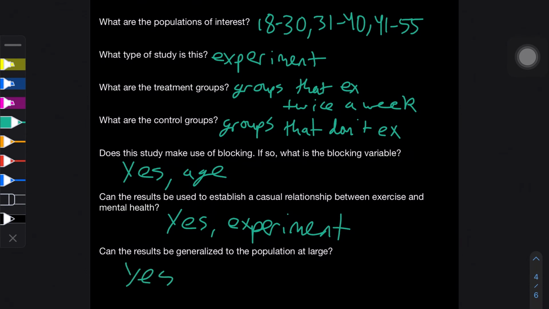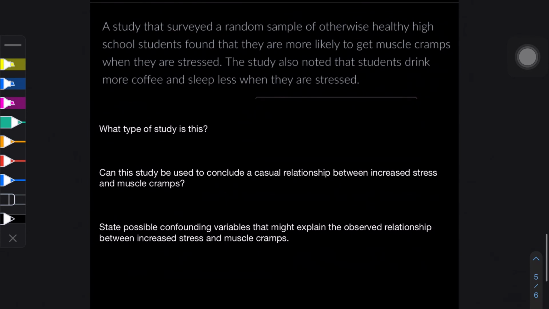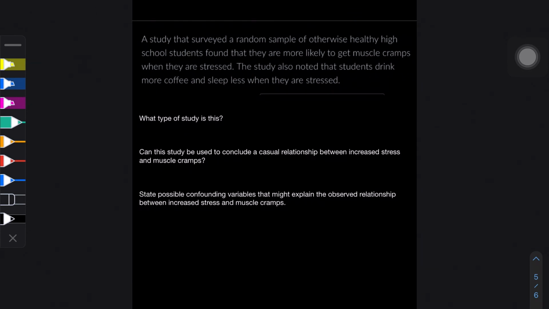So yes, because random sample. So this means that we can generalize the random sample results to the population at large, and that's why taking a random sample is so cool because it helps us see what the bigger picture is, even from a small little snapshot.